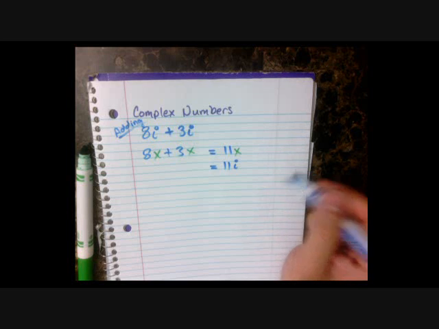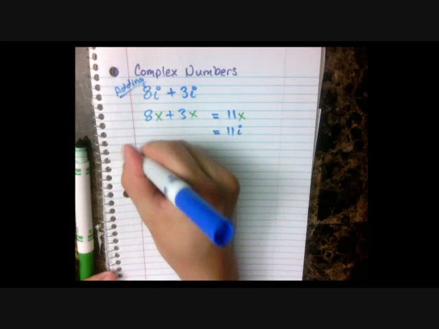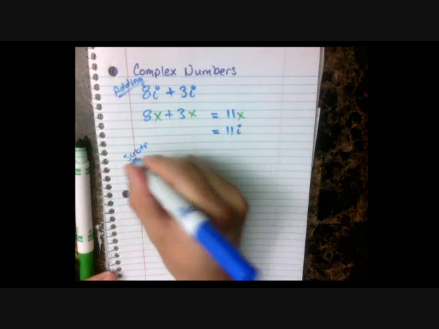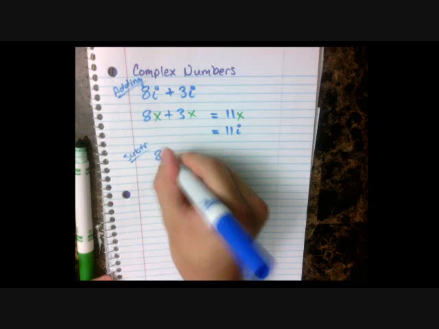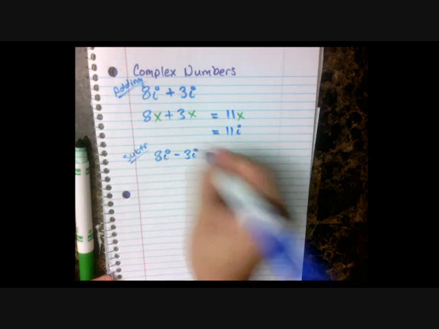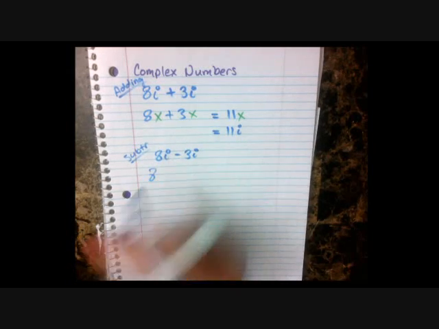So like I said, adding complex numbers, this goes the same for subtracting. So if I do a subtracting section over here, and I'm just going to shorten that, let's pretend it's just 8i minus 3i. Again, a lot of you guys won't have issues with this.